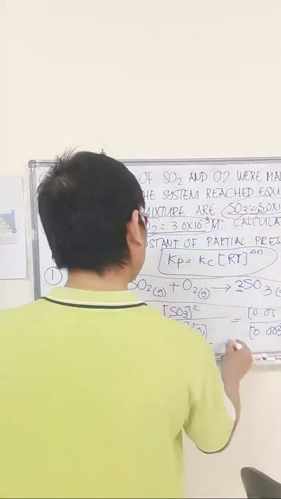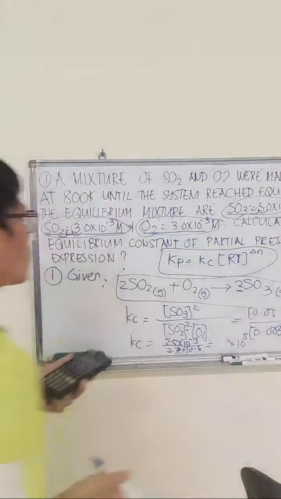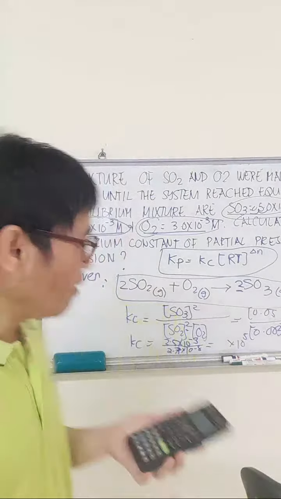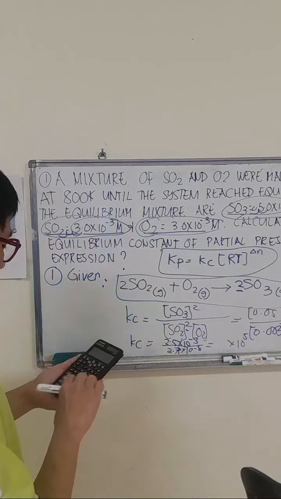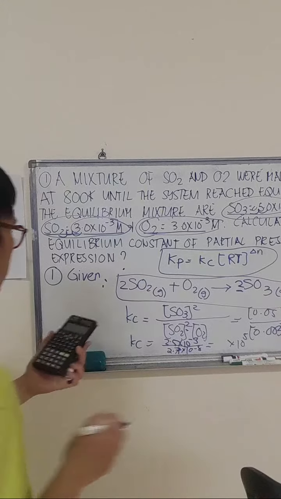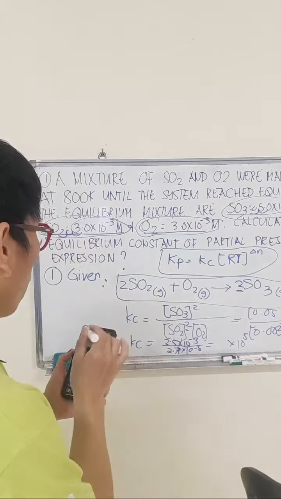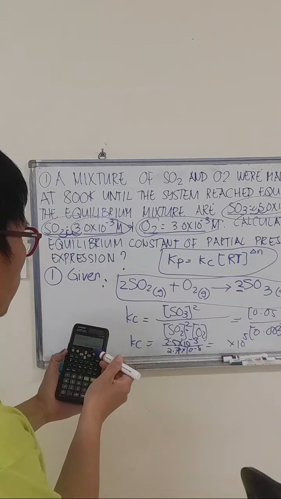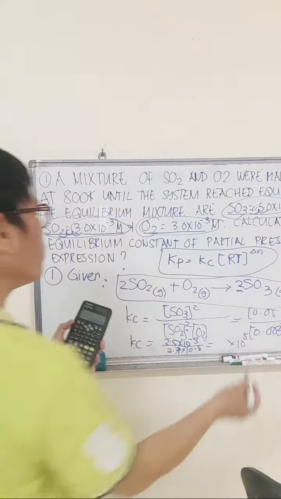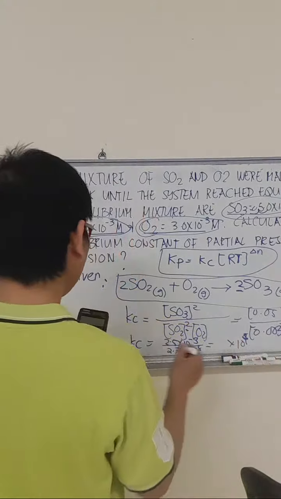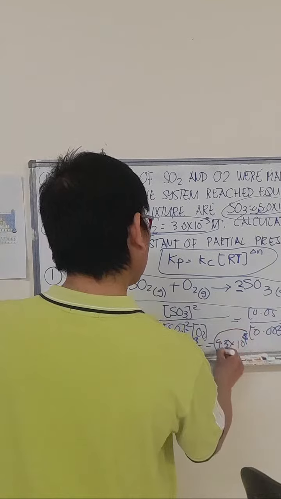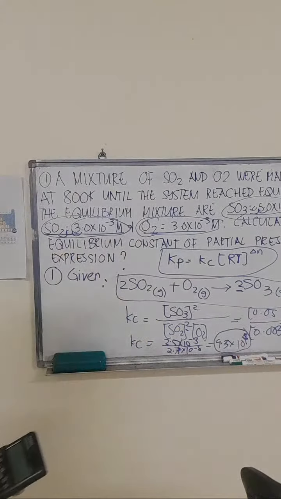So 2.5 divided by 2.7, to simplify so that I will never use the exponent in the calculator, is equal to 0.93. So 0.93 becomes 9.3, which is negative 1 exponent, so negative 1 plus 5 becomes 4. So 10 to the 4, and it's going to be 9.3 times 10 to the 4.